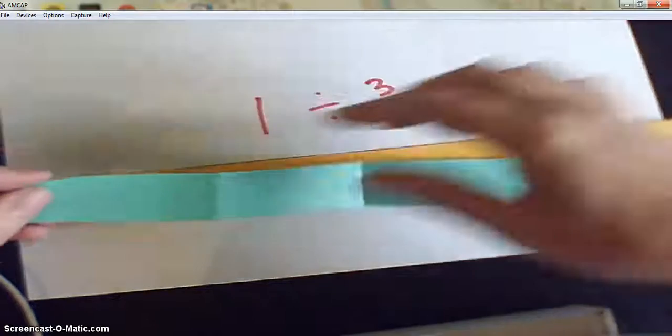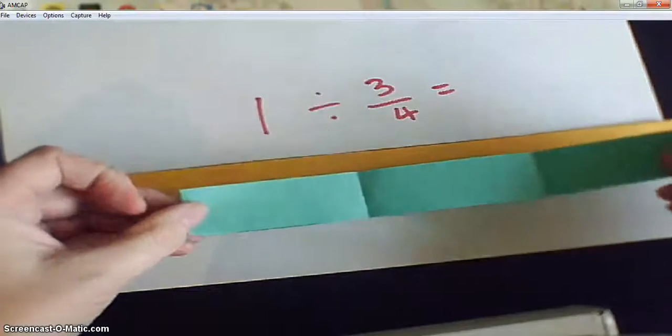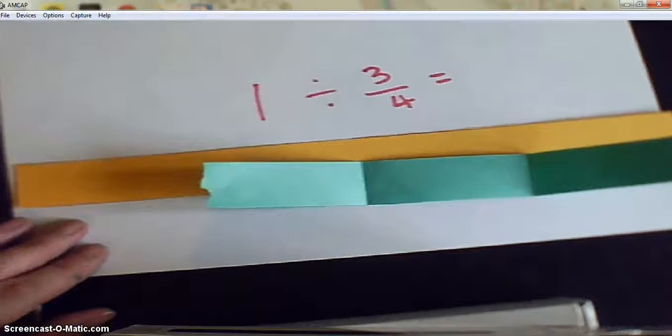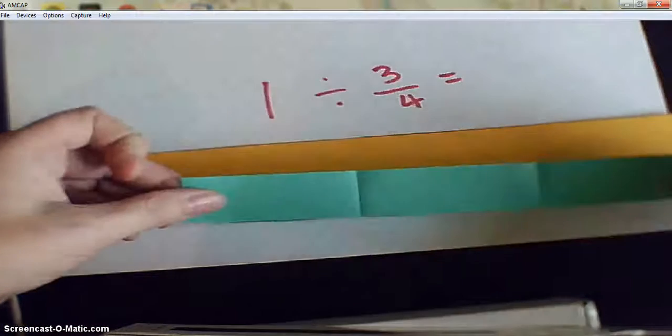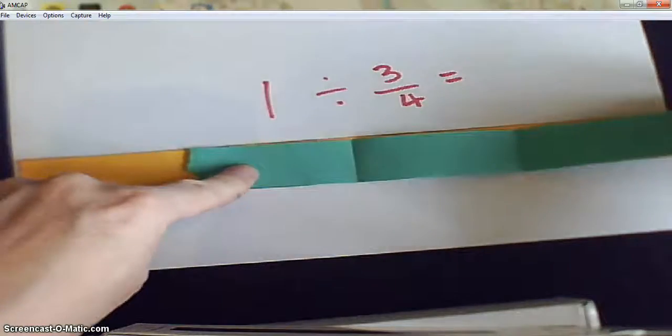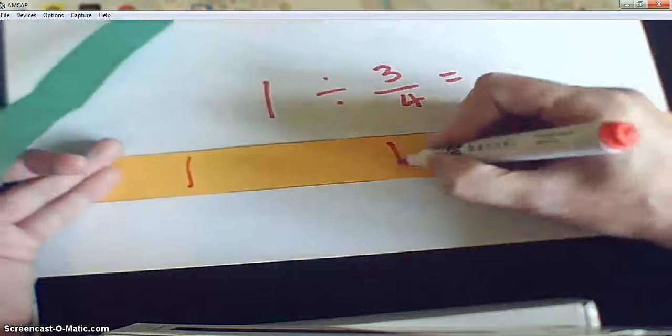I just need 3 of them, so I get rid of that. Gone. Okay? Now then, you can see that really I do have 3/4 of the whole. I'm seeing how many times this 3/4 fits in. Well, it fits in once. I'll draw a line there, and this fits in once.